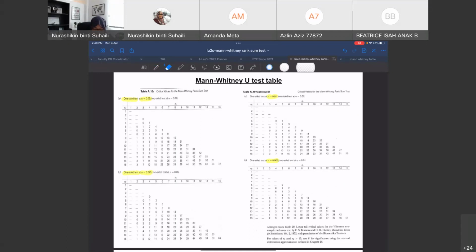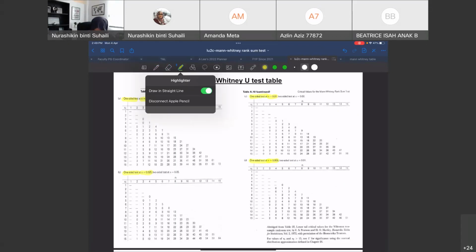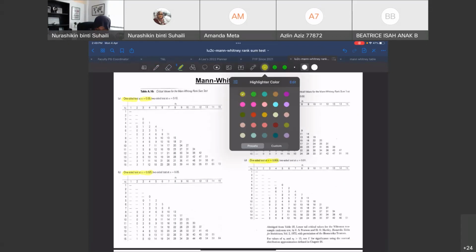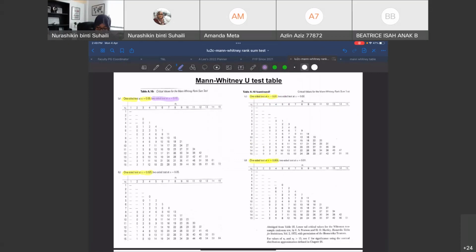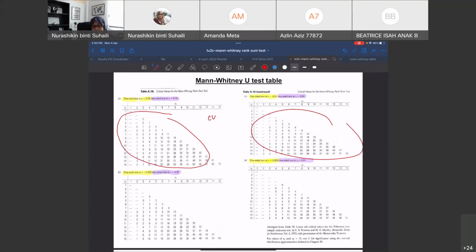I just want to highlight that there are two pieces of information you have to look for: whether it's one-sided or two-sided, and the alpha value. All right, so the critical value is this one. This is what you are looking for. Whichever table suits your condition, this value is the CV.